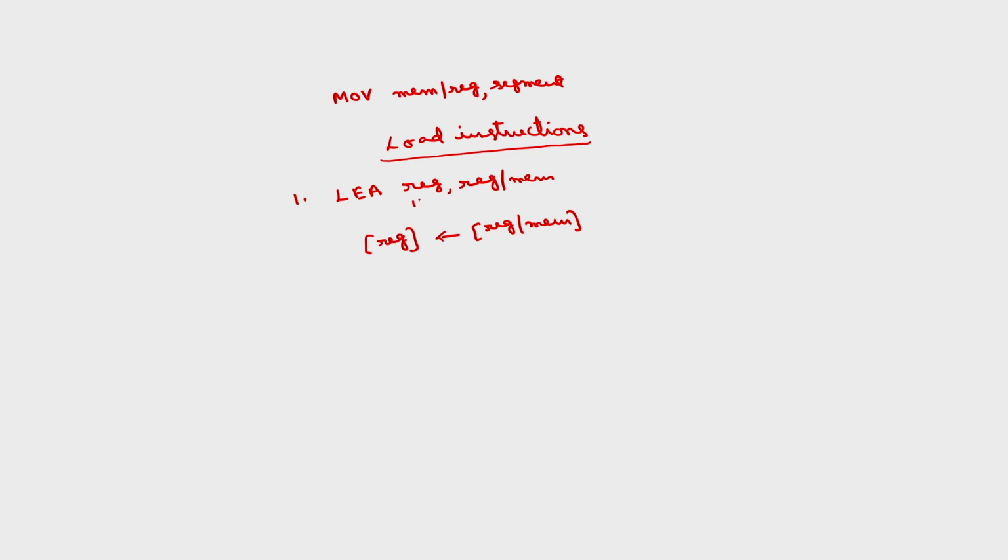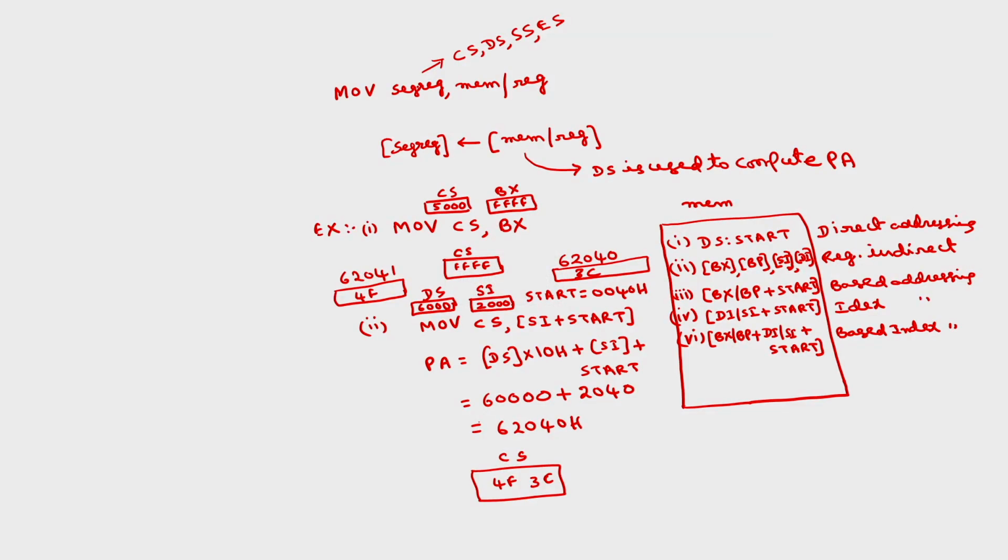So, this is a 16 bit register because the effective address is 16 bit. The destination register should be 16 bit. Again here, this memory means, as I have discussed in the previous instruction, one of these 5 or 6 combinations.